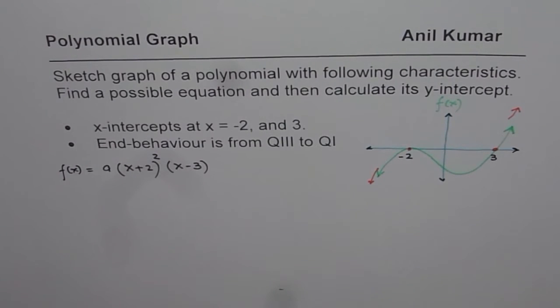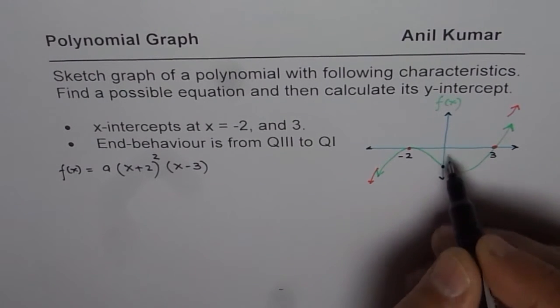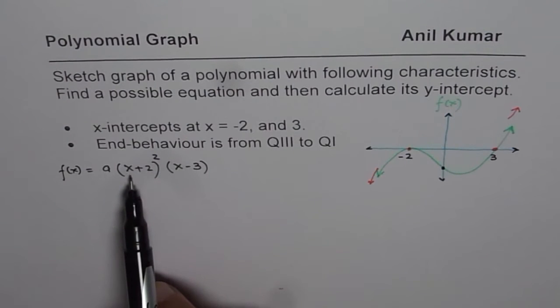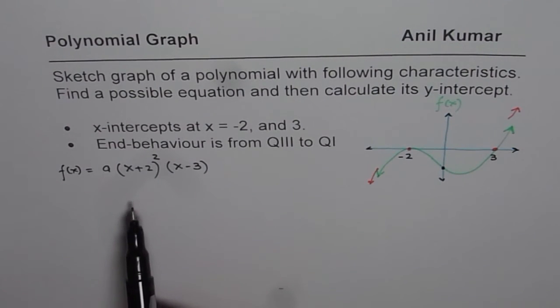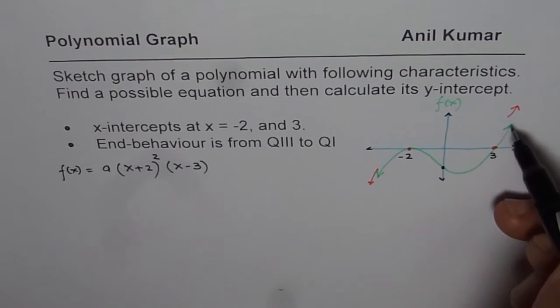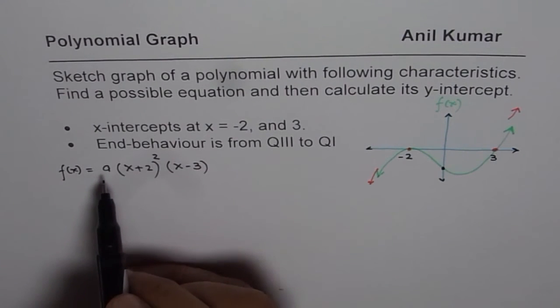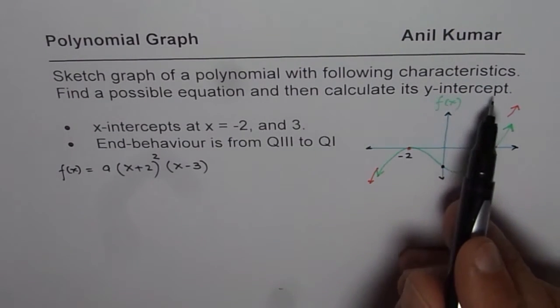Now since we clearly see that the y-intercept is negative, that means if I substitute 0 here, we get a negative value. So what we see is that a is positive. Is that okay? The graph is ending here, a is positive in either case. Depending on the value of a, we can actually get different values of y-intercept.